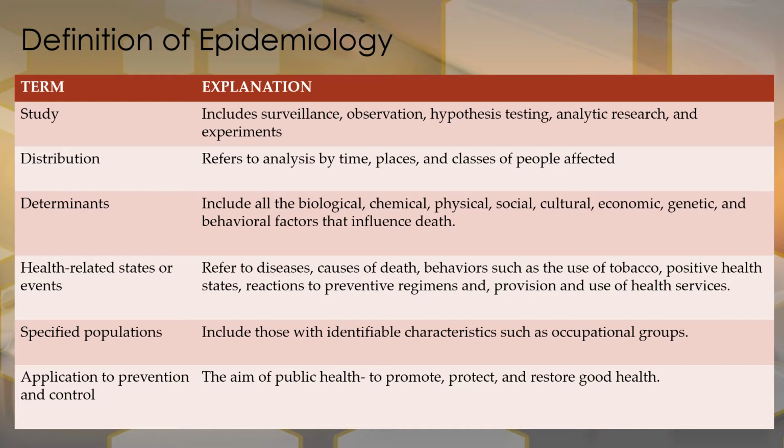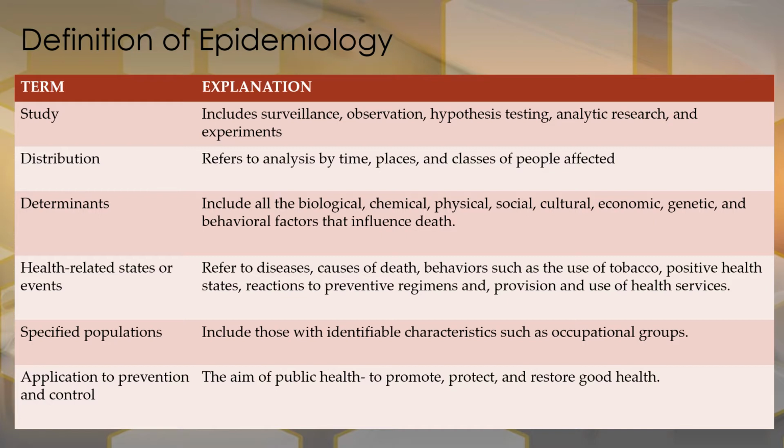For example, what is the distribution of gender among a specific age group? In a specific community, are there more teenagers or young adults than older people? So that refers to our distribution.